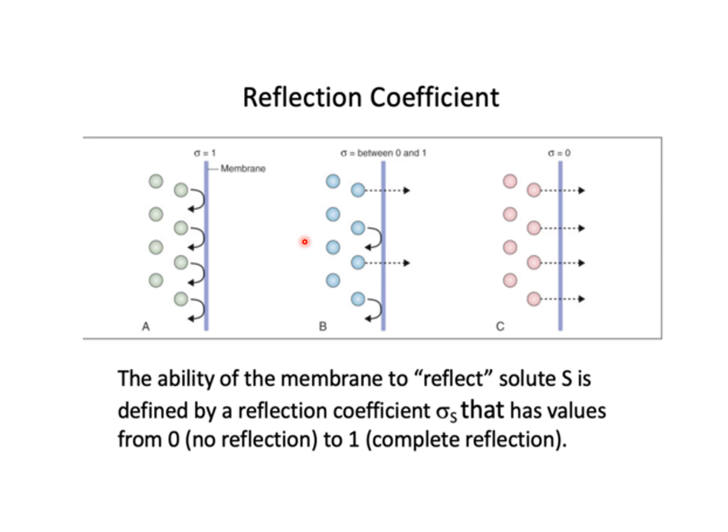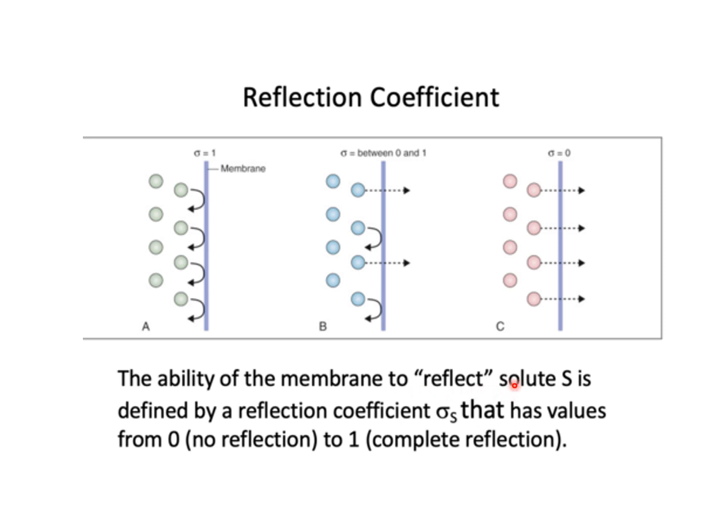No energy is utilized, because the solvent is moving from high concentration to low concentration. So the concentration gradient of the solvent is important. But along with it, osmosis is proportional to the reflection coefficient of the membrane also. So what is reflection coefficient? It is the ability of the membrane to reflect the solute.